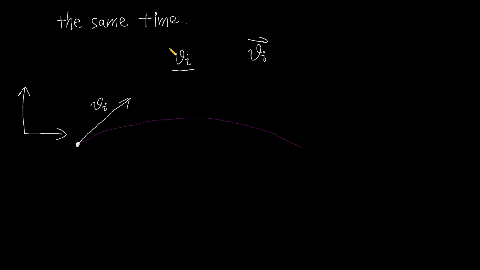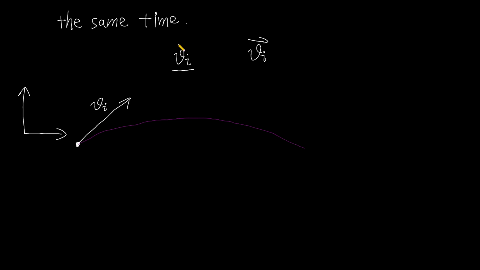So before, the textbook said that for a vector, we should put an arrow on top of it to show that it's a vector. But for the projectile motion part of the textbook, they do not put an arrow on top of the vector symbol.